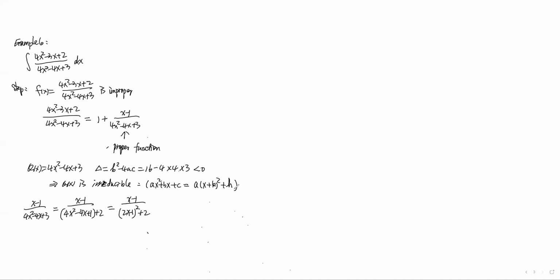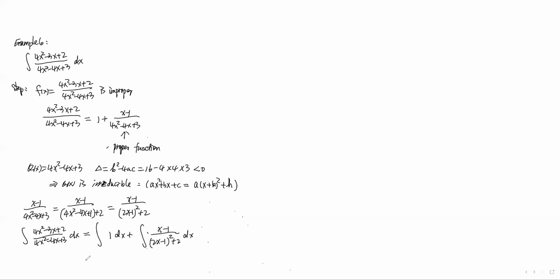By this, we have to compute the integral. So this is the integral of 1 dx plus the integral of (x minus 1) over ((2x minus 1) squared plus 2) dx.